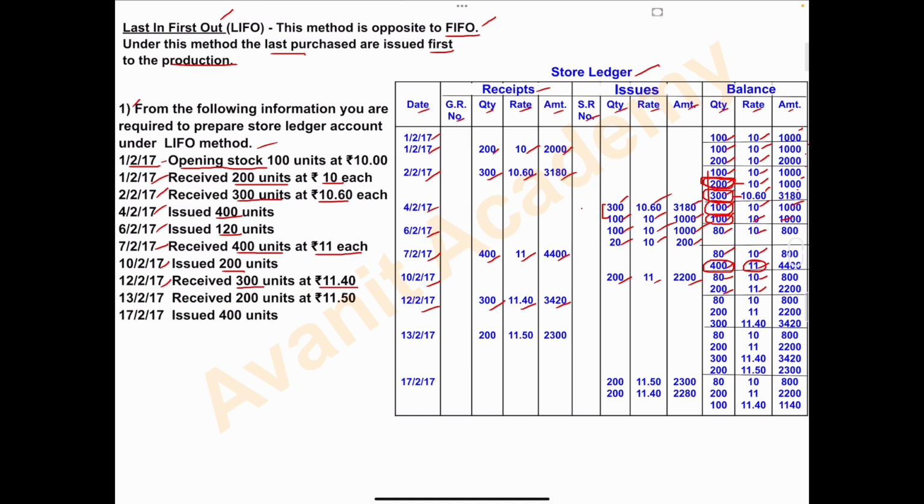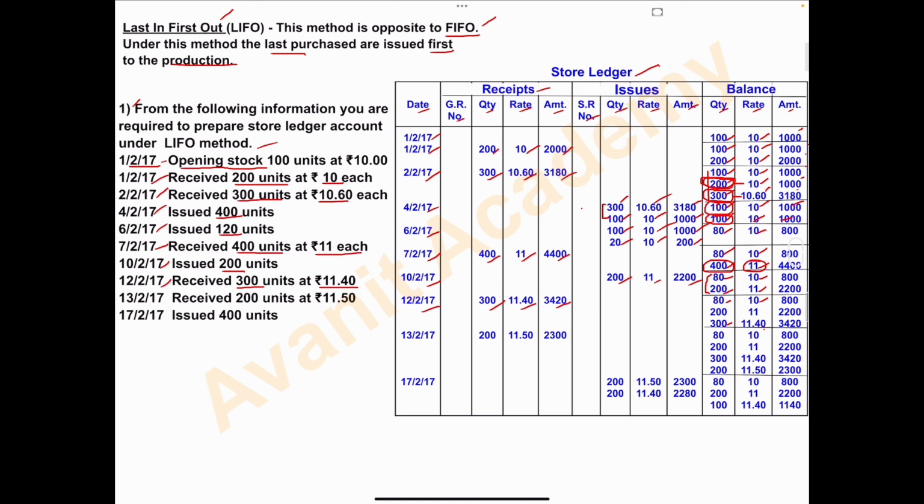First write the previous balance, that is 80. So whatever we have, previous balance, same we have to write. That is 80, rate per unit 10, amount 800, 200, rate per unit 11, 2,200, and recent purchase, that is 300 at rupees 11.40, 3,420.